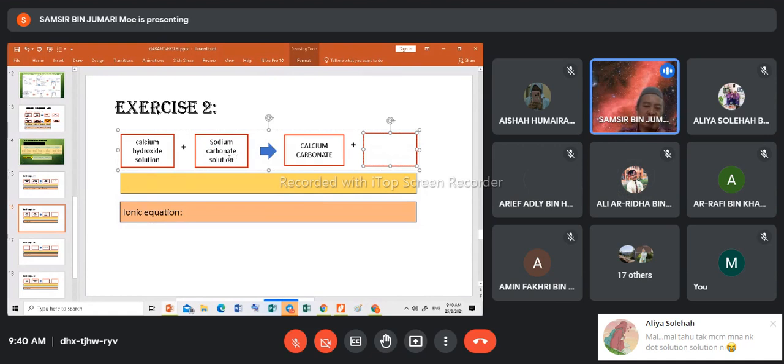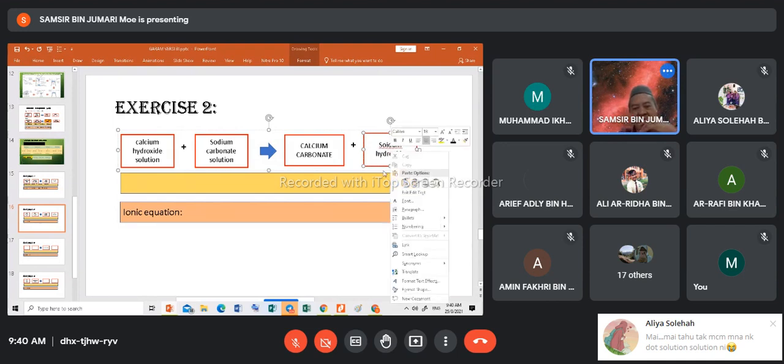Sodium carbonate solution reacts with calcium hydroxide to form calcium carbonate, and the other one is sodium hydroxide solution.